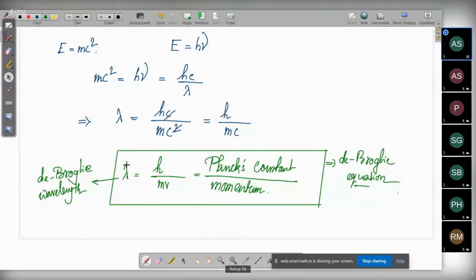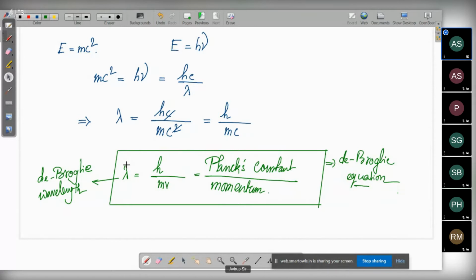So it is seen that for such objects, this wavelength is so small that it is negligible. It cannot be measured. So that's why for macroscopic objects, that means the everyday objects that we see around us, de Broglie's equation is not significant. It doesn't cause any serious changes for everyday objects around us.